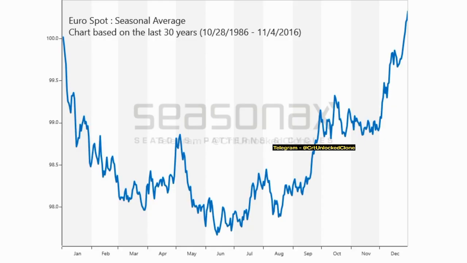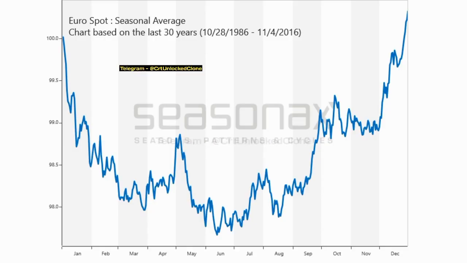This is real, actual, and factual summarized data of EURUSD from the last 3 decades, right? Firms and different institutions have gathered data from the last 30 years and summarized it into this single chart. And this chart basically shows us the average of what EURUSD has done, right?